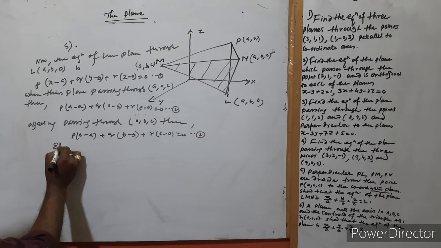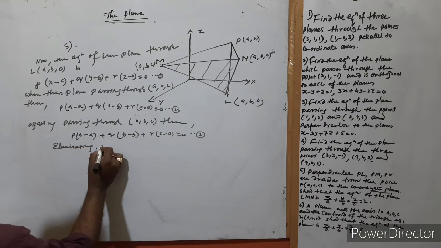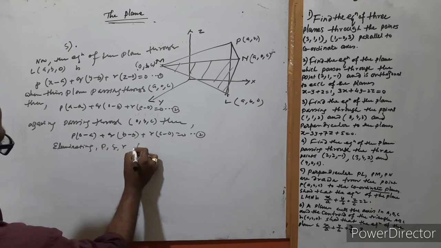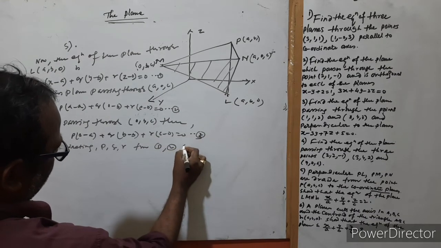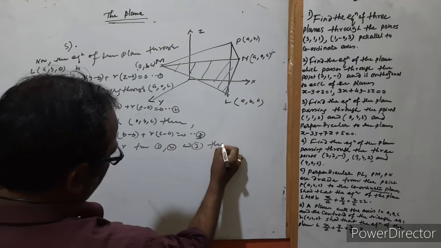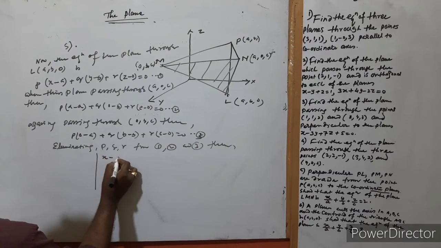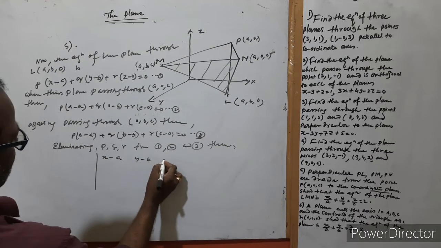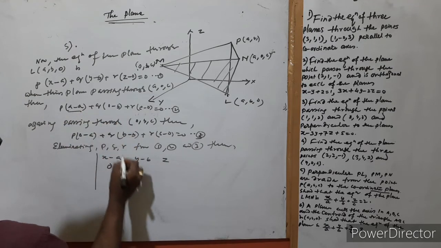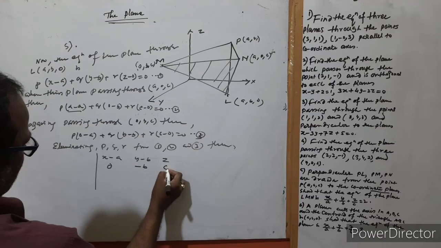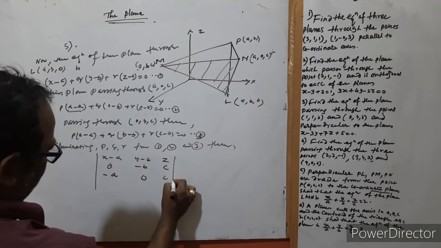Eliminating P, Q, R from 1, 2 and 3, we get the determinant: first row x minus a, y minus b, z; second row 0, minus b, c; third row minus a, 0, c, equal to 0.